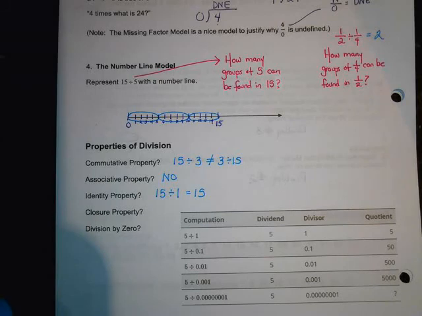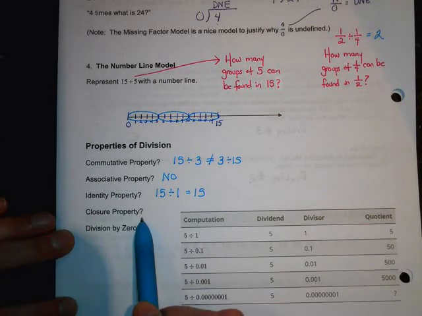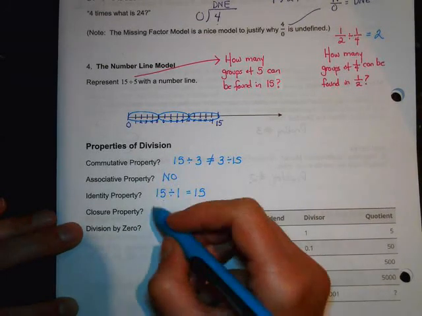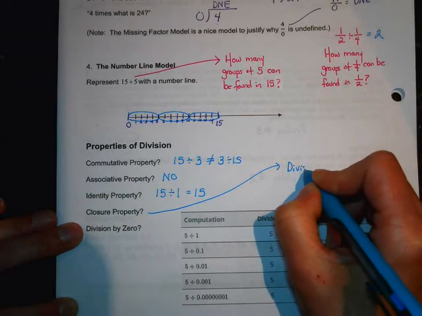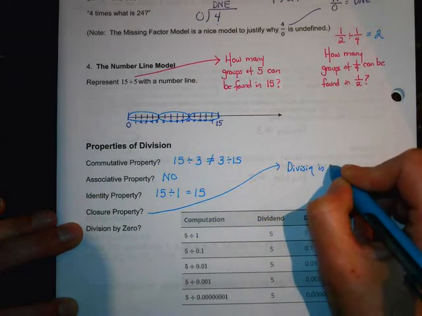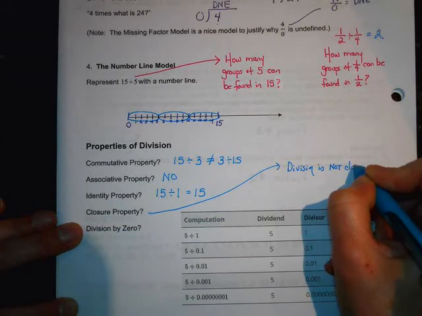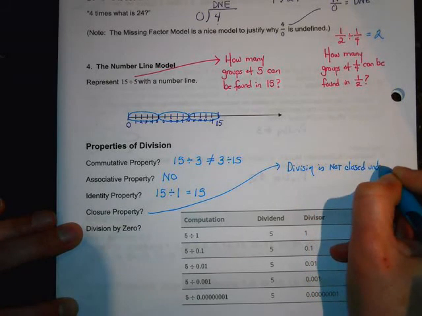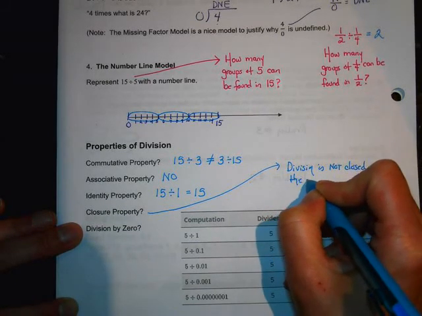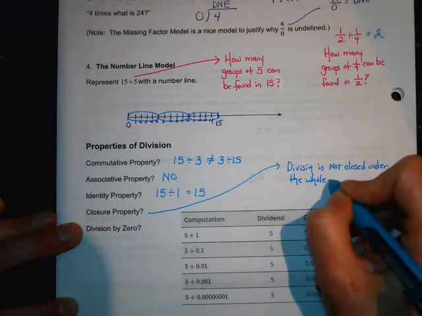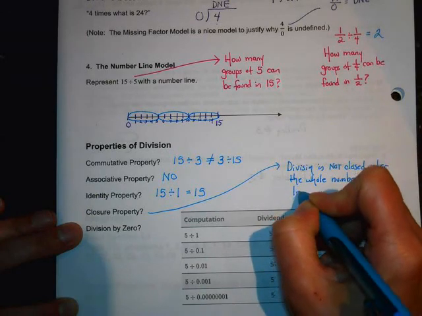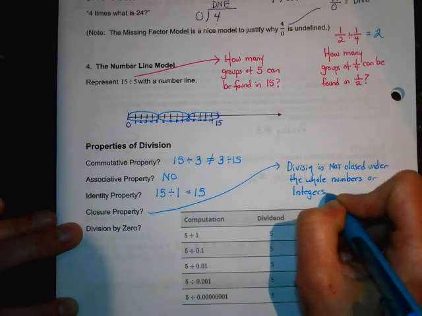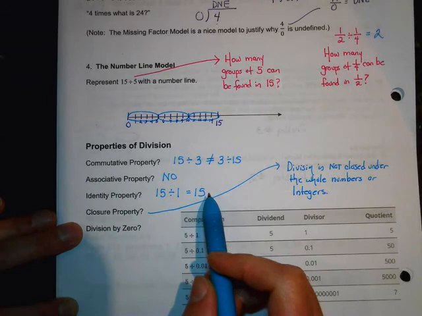The closure property, well, you can see division is not closed under the whole numbers. Or integers. If you take two integers and divide them, you're not guaranteed to get an integer, right? So we talk about closure.